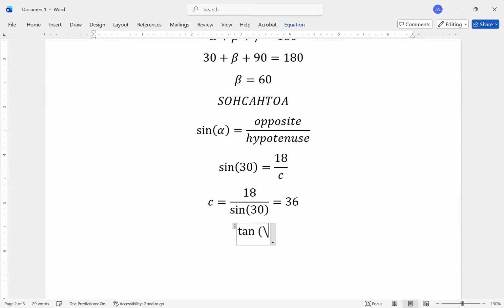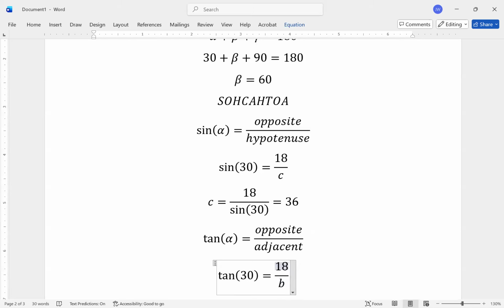Tangent of alpha is equal to the side opposite of alpha divided by the side adjacent to alpha. That is the leg adjacent to alpha. So in my case, we get 30 as alpha. The side opposite is A. The side adjacent is B.